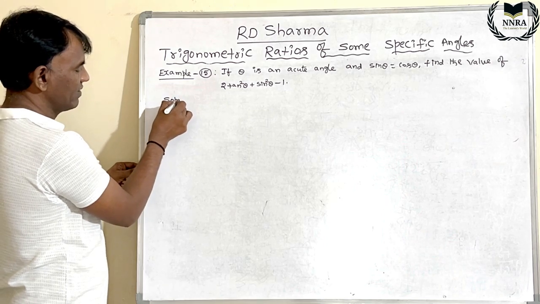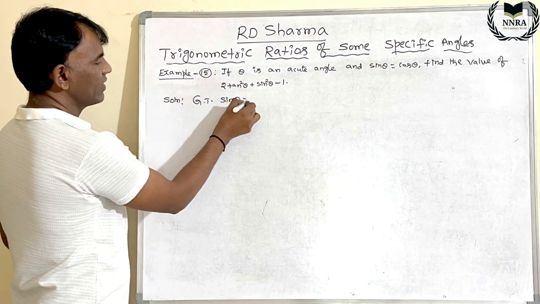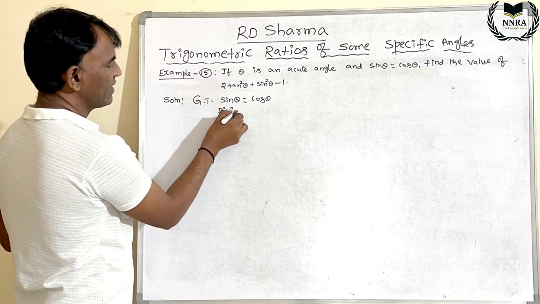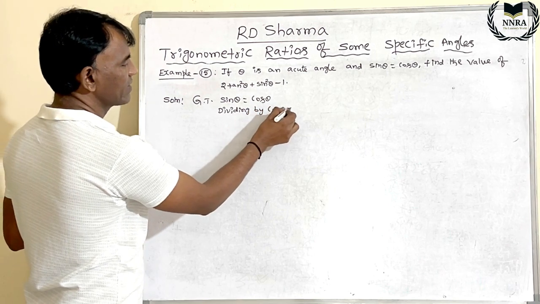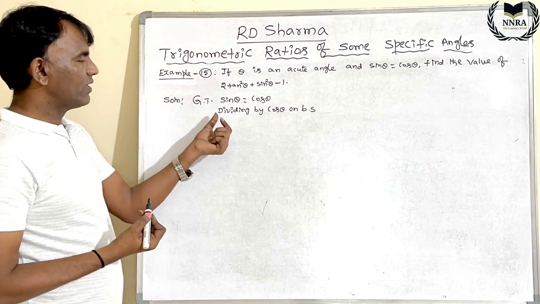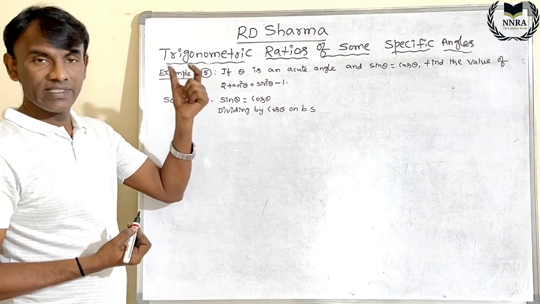So first take that equation. Given that sin theta equals cos theta. Now dividing by cos theta on both sides. Otherwise, if you want, you can divide by sin theta on both sides, then also no problem, you get the same answer.